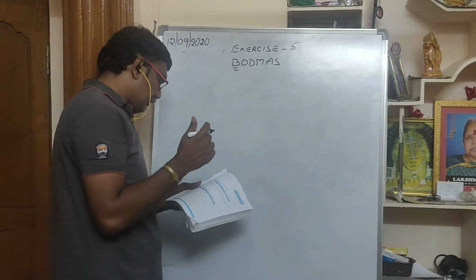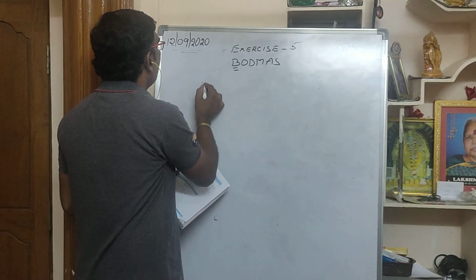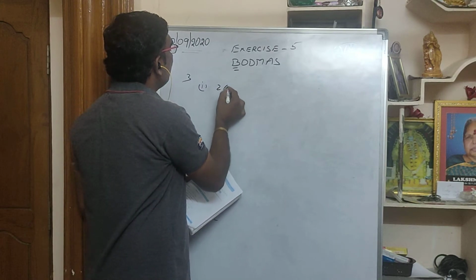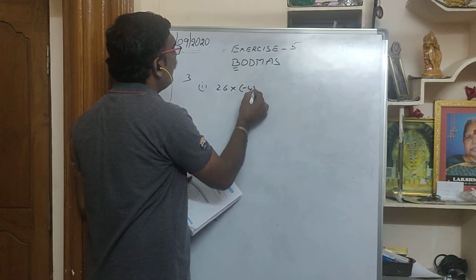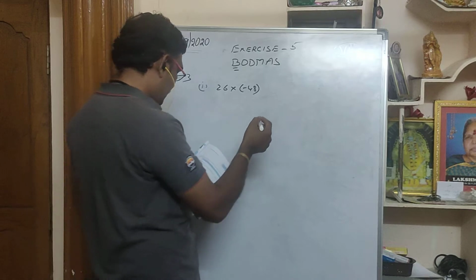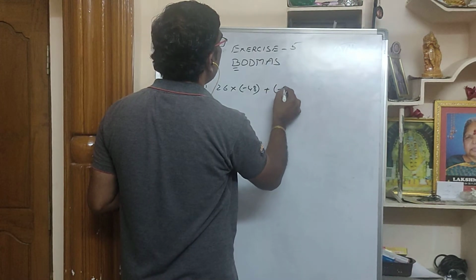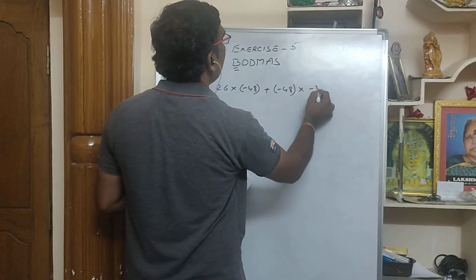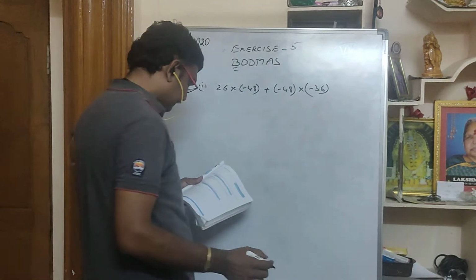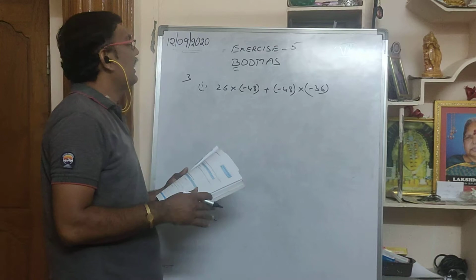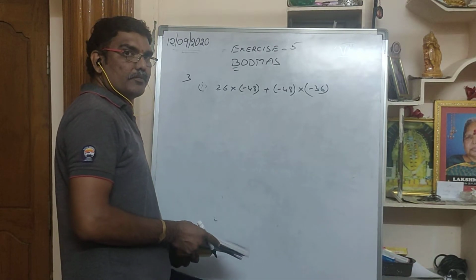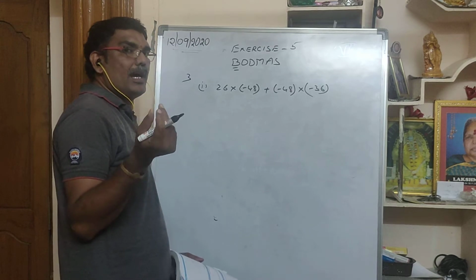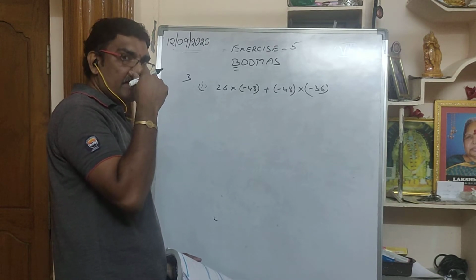In the third question, the first bit he has given is 26 into minus 48 plus minus 48 into minus 36. Which property you have to apply is very important.